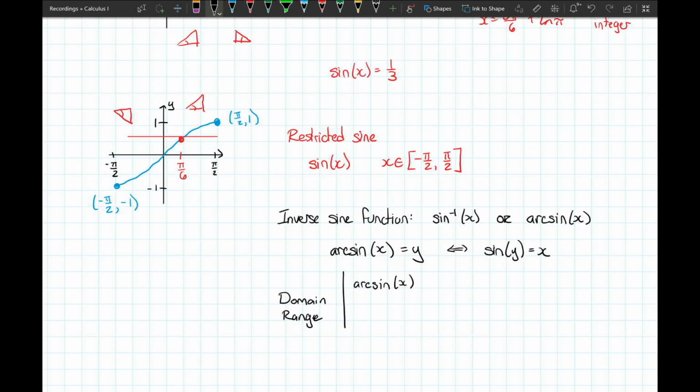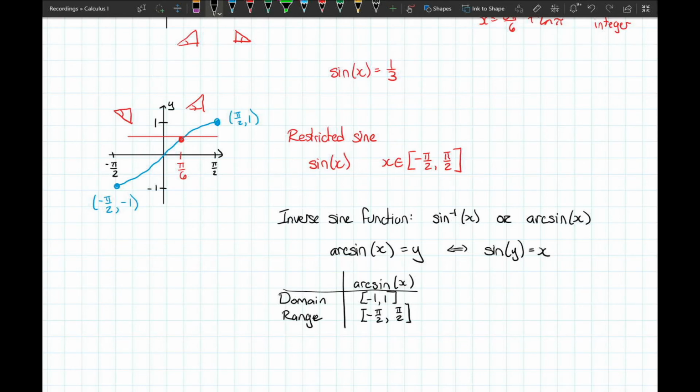Now, if we're using the restricted sine function, it has a domain from -pi/2 to +pi/2, and gives us a value between -1 and 1 for the range. So arcsine, since it's the inverse of that, will have a domain from -1 to +1 and has a range of -pi/2 to +pi/2.